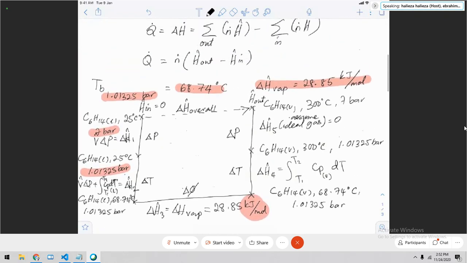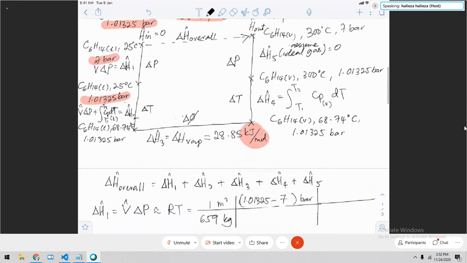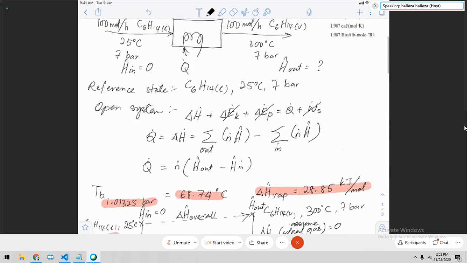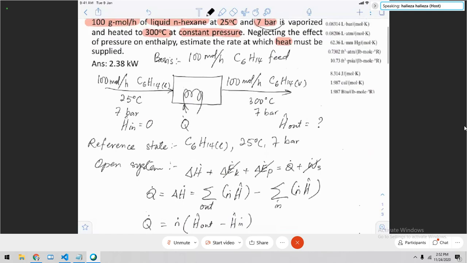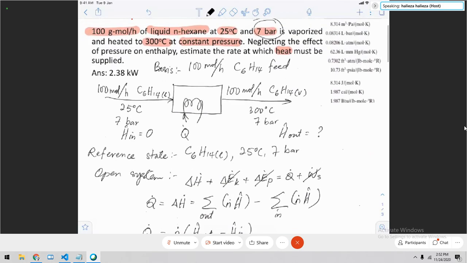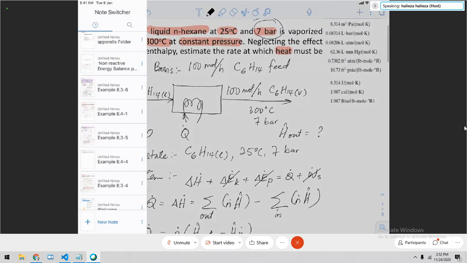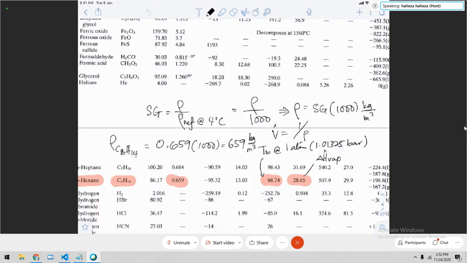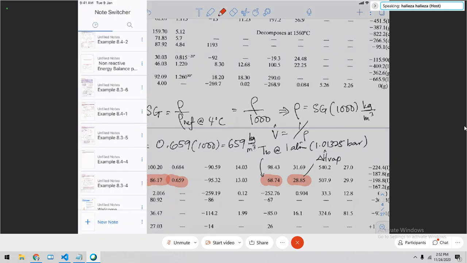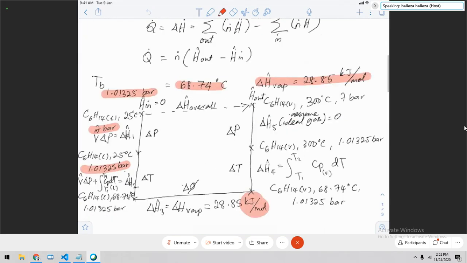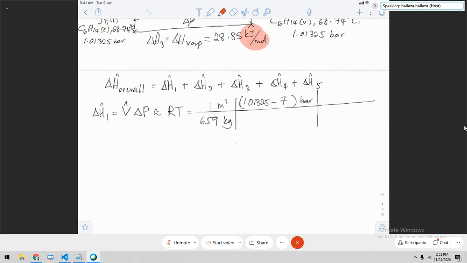What is the molecular weight of hexane? It's 32, is it? Sorry, this is hexane. Let's go back and look at our appendix. The molecular weight is actually not 32. It's 86.17. I keep on doing that.